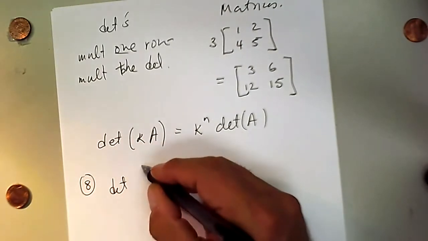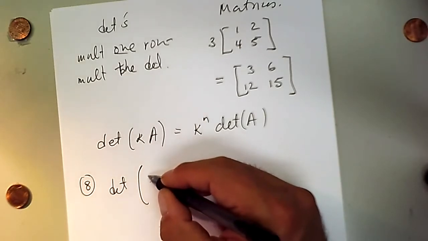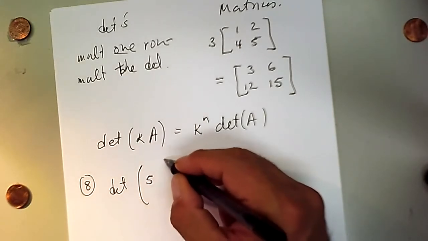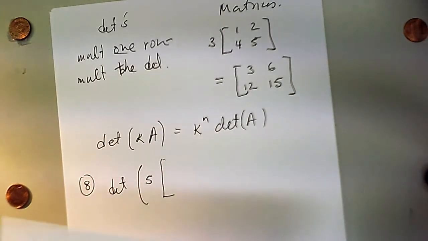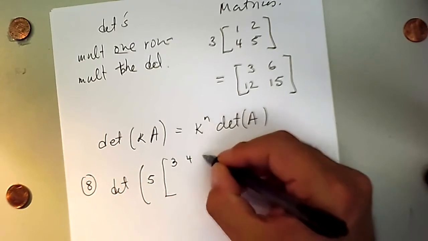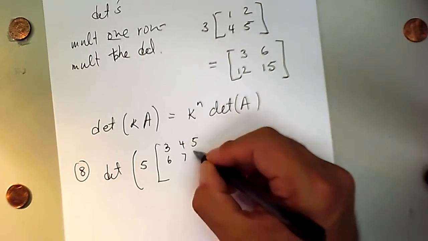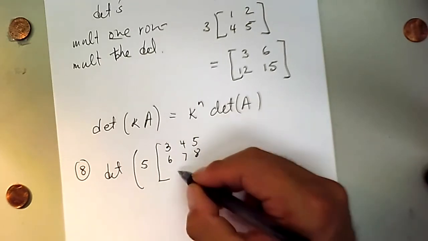Let's say we want to find the determinant of 5 times the matrix in example 2: 3, 4, 5, 6, 7, 8, 2, 1, 9.